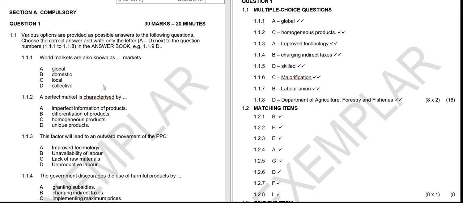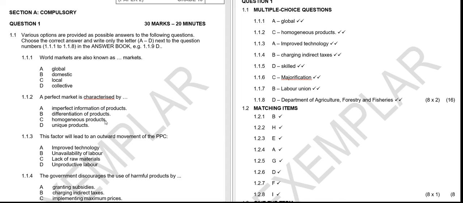So we go to number 2. A perfect market is characterized by, so the correct answer is homogeneous products, whereby homogeneous products are similar or same products. So it means in a perfect market, we only have similar products that are not differentiated. So that is one of the main characteristics of a perfect market. Of course, we have other characteristics of a perfect market.